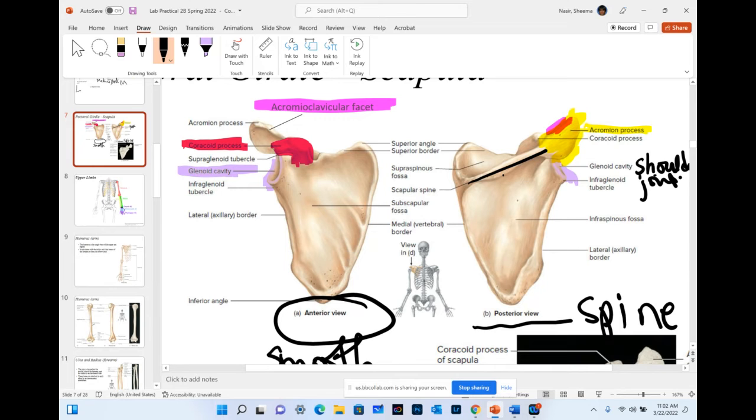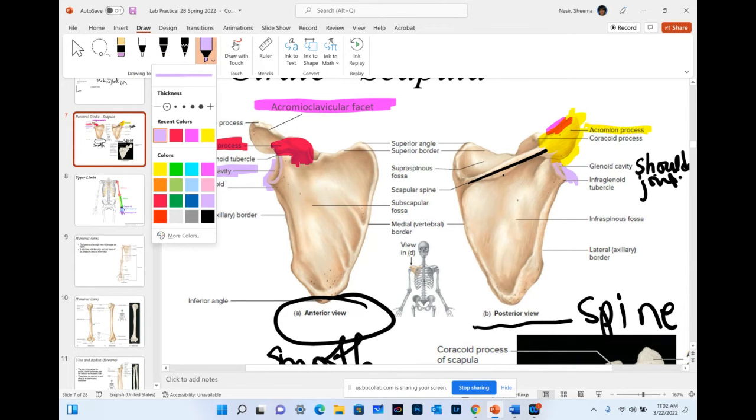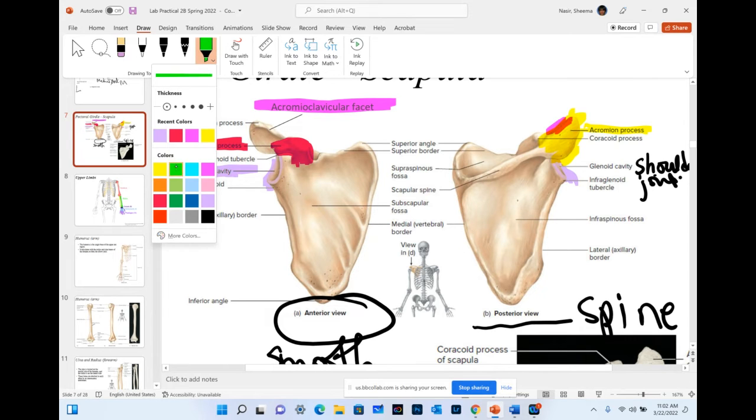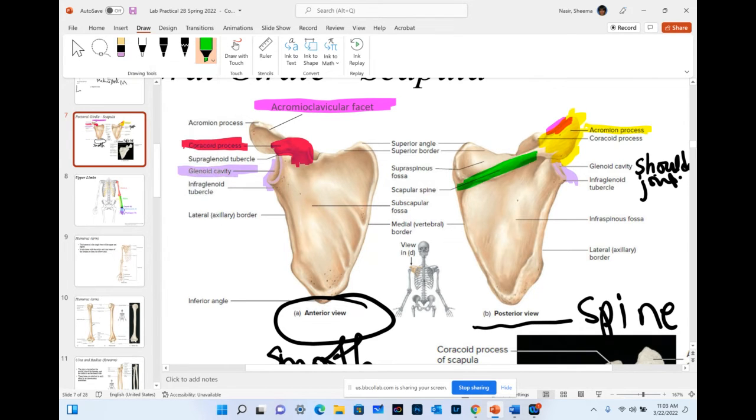Now, understand the word spinous. So what is spine? Let me show you. This right here is the spine of scapula or scapular spine. The scapular spine expands into the acromion process, the yellow part.